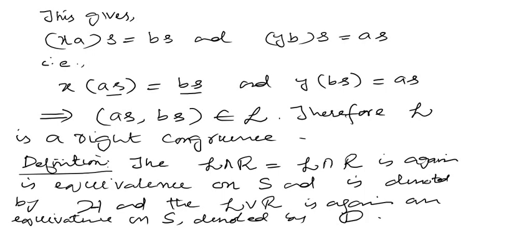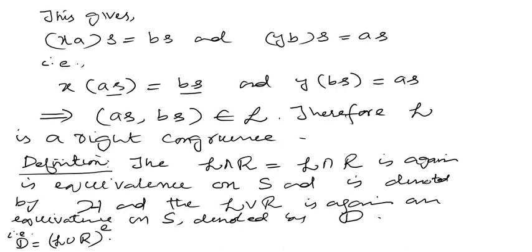So join is L join R. That means it is the smallest equivalence containing L union R, which is actually equal to (L union R)^E. If you look at this D which you have already done, this D is actually equal to (L union R)^E, because this is the smallest equivalence containing L and R. And by join we mean the least upper bound of L and R.